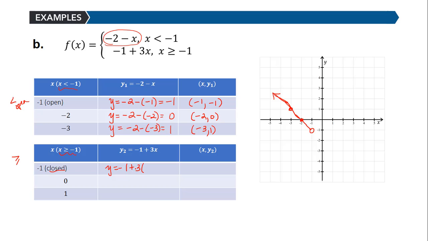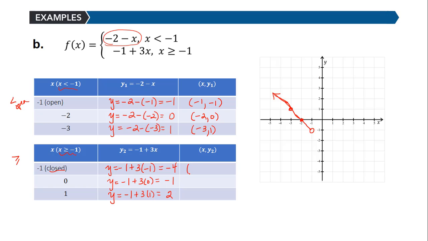So negative 1 plus 3 times negative 1 is negative 1 minus 3, or negative 4. If x is 0, we get y is equal to negative 1 plus 3 times 0, which is negative 1. And when x is 1, we get negative 1 plus 3 times 1, which is negative 1 plus 3, or 2.